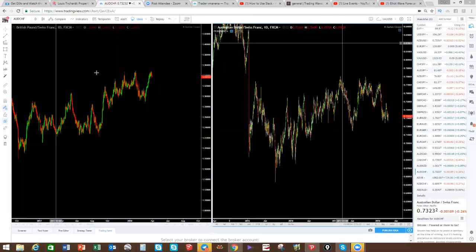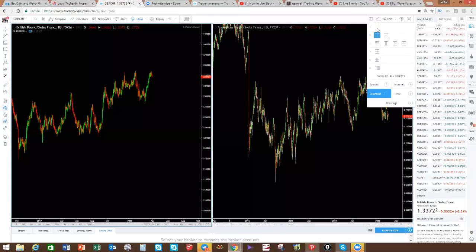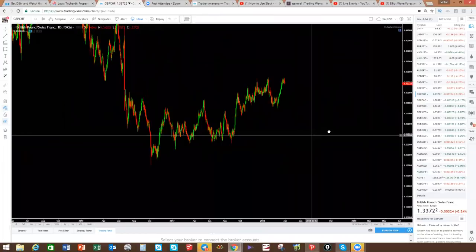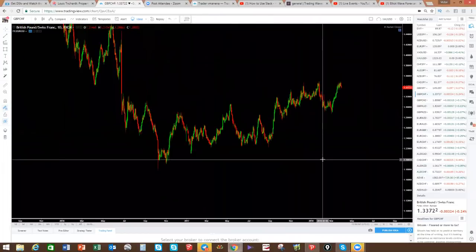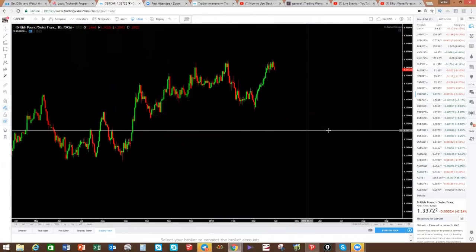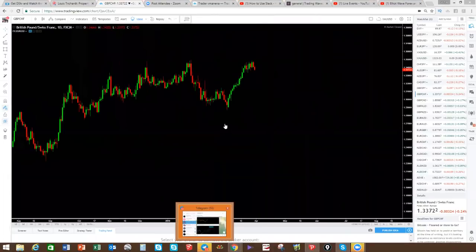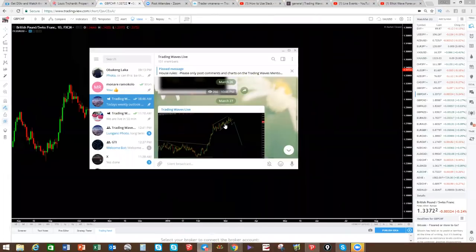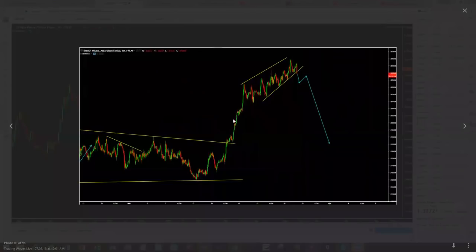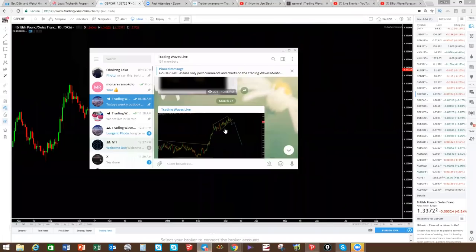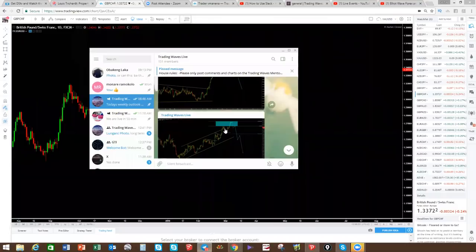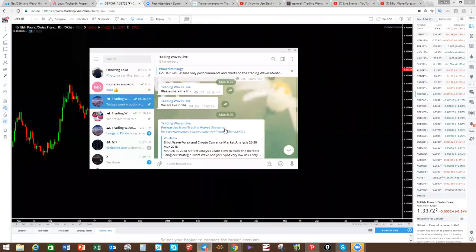Okay, let's go back to one chart and see if we've got any indications there. We're already short on this one, expecting downside. I think just check when we shorted that. This is Pound AUD. Let's look for Pound Chief.